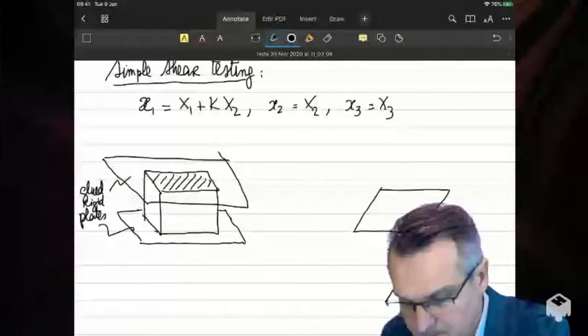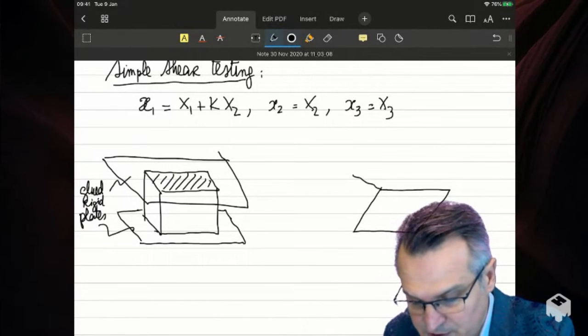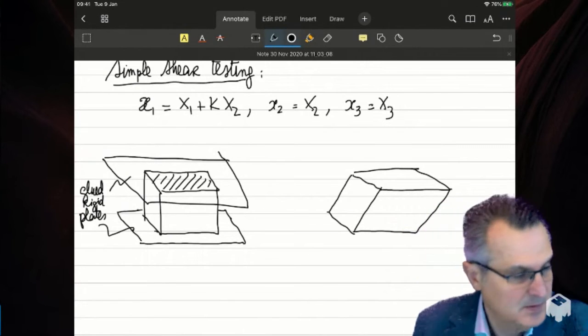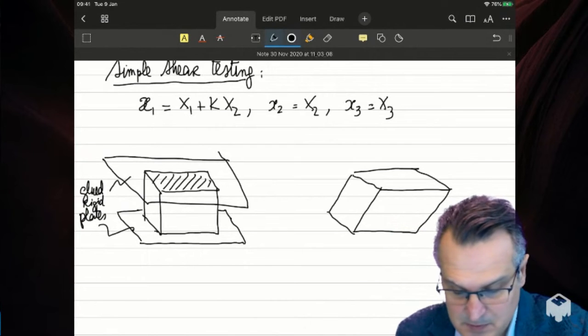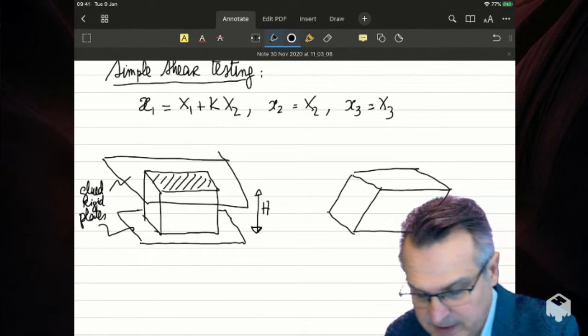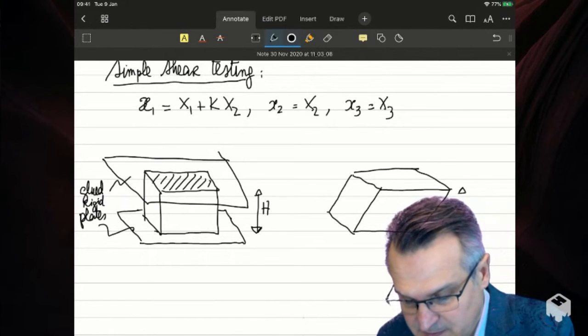Where the cuboid is sheared. All right, so here, if you have h for the height, then that's going to be conserved, right?